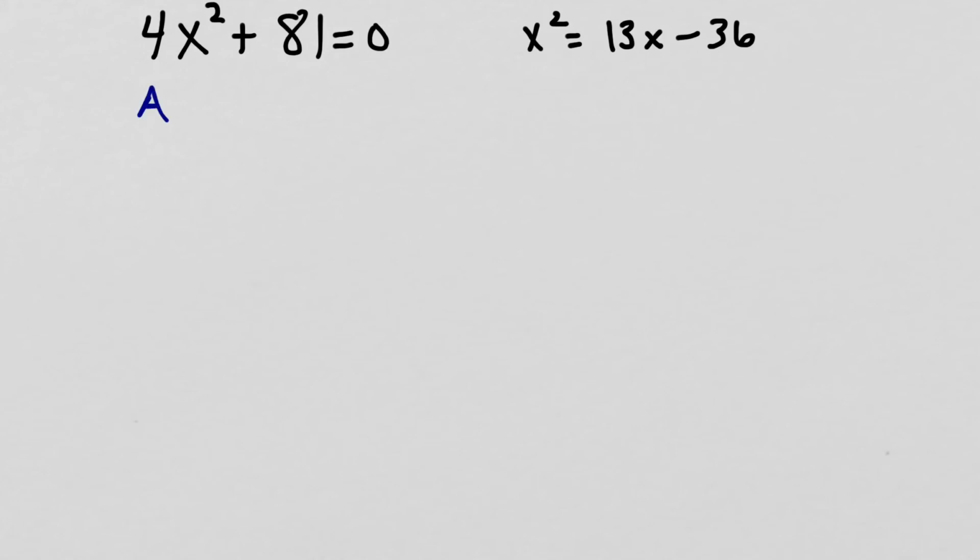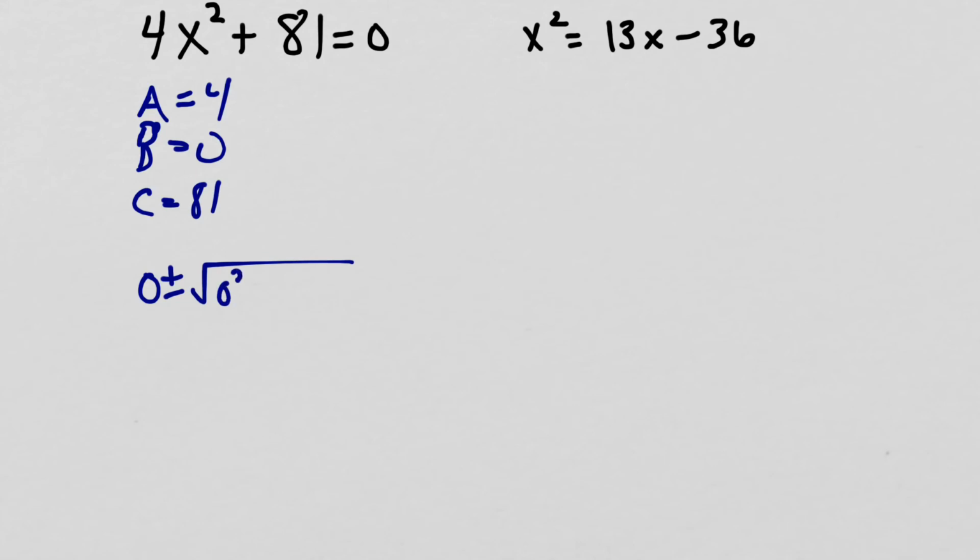So a is 4, b is the term with x, which there is none. The pen is not working. So that is a 0, and the c is going to be 81. So what we're going to do here is we're going to say the opposite of b, which is 0, plus and minus the square root of 0 squared minus 4 times 81.